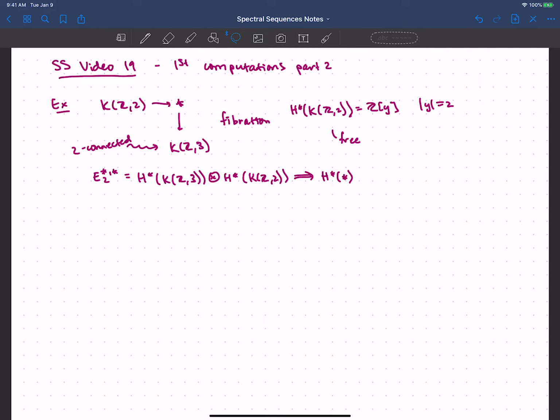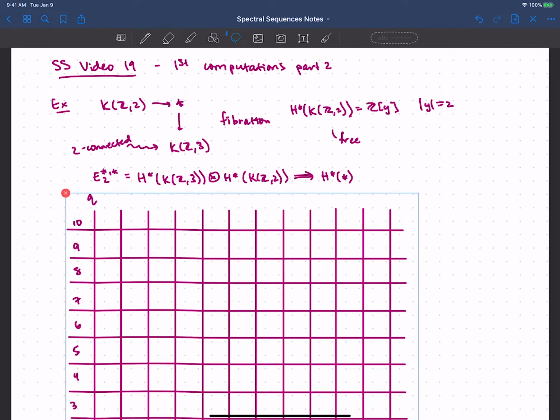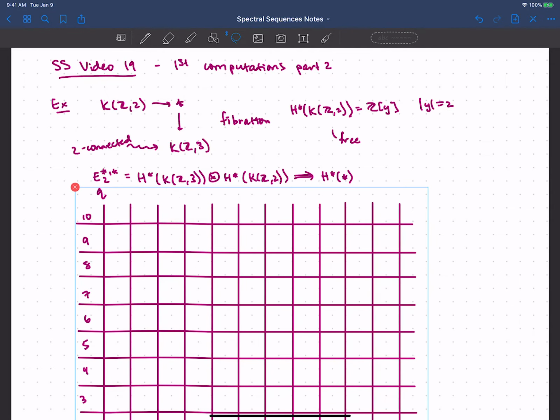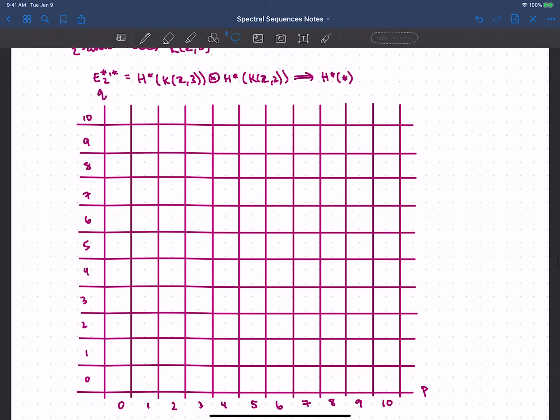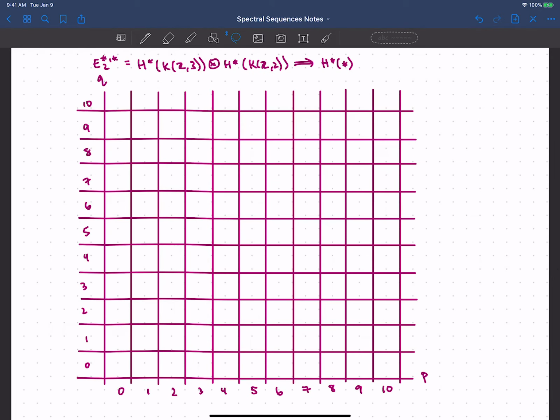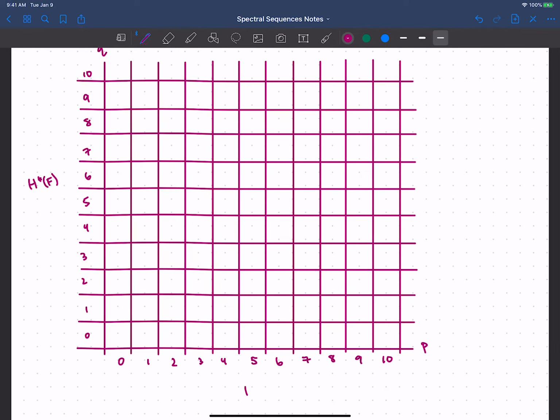And I think I'm going to need a lot of space here, so I tried to make a big grid. And remember that we'll have the cohomology of the fiber over here and the cohomology of the base over here, so that's the thing we're after: the cohomology of KZ3.